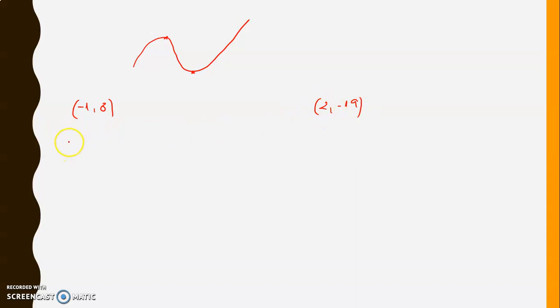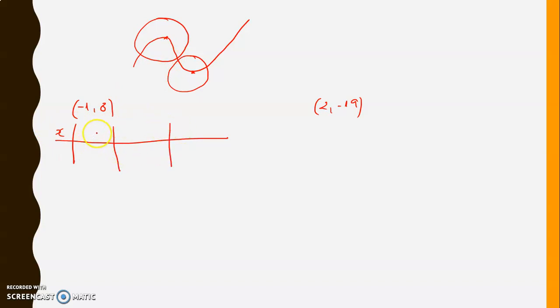To classify these, we can have a look at the gradient locally, around the stationary point, just before and just after it. Let's draw a table. We already know that when x is minus 1, dy/dx, the gradient, is 0.